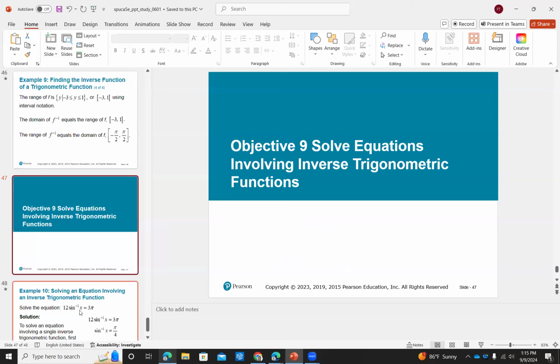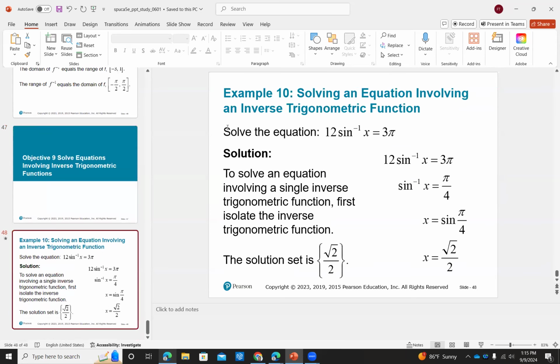Finally, we can look at equations involving inverse trig functions. Here's an example: 12 times inverse sine of x is equal to 3 pi. To solve an equation involving a single inverse trigonometric function, you isolate the inverse trig function. You divide each side by 12 and you get inverse sine of x equals pi over 4.